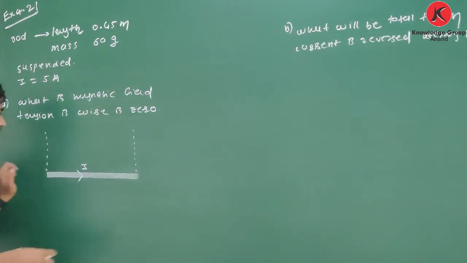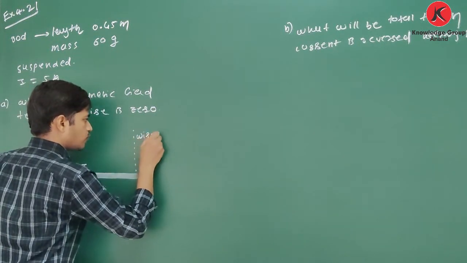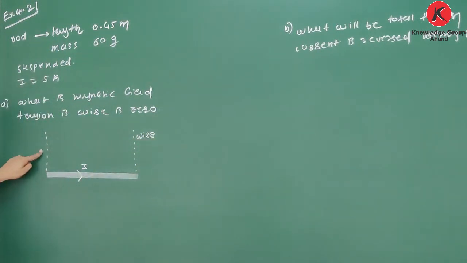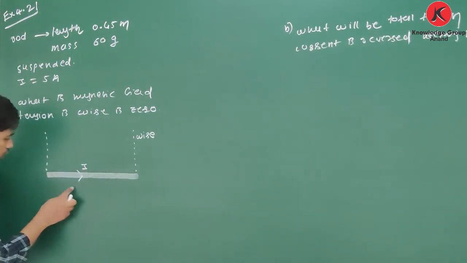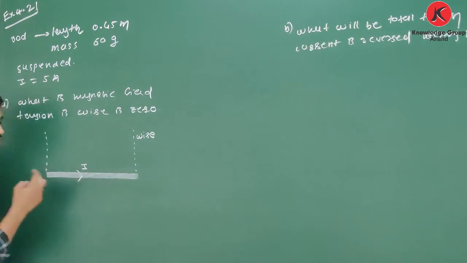Now, this is the wire and this is the rod. When tension in the wire is 0, it means the resultant force acting on this rod is 0.